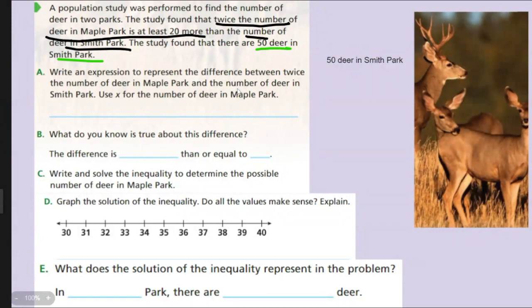So when we see that word difference, okay, that usually means that we can use minus, right, just to express that difference. So if we have twice the number of deer in Maple Park, so twice a number, and we have x for the number of deer in Maple Park, so twice that number would be 2x, right? And then the number of deer in Smith Park is 50.